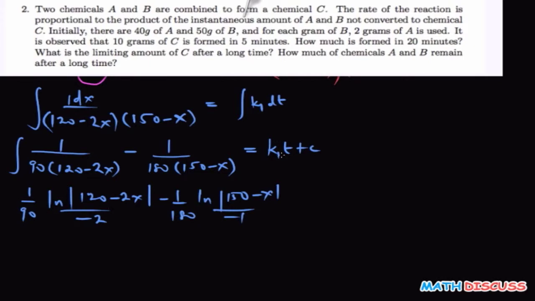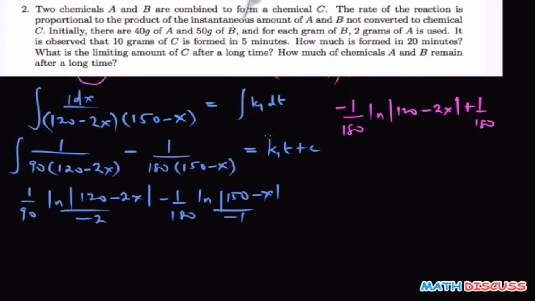So this is going to give us 1 over 90 times 1 over negative 2, that will be negative 1 over 180, then the ln of 120 minus 2x plus 1 over 180.